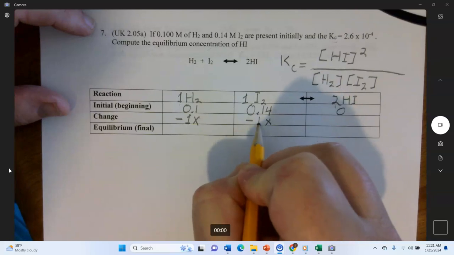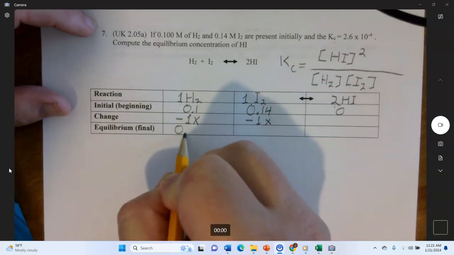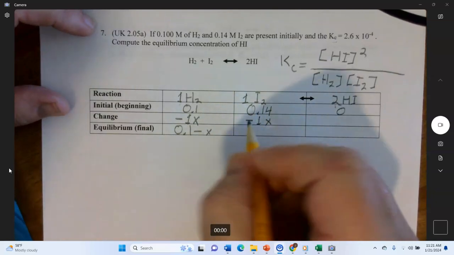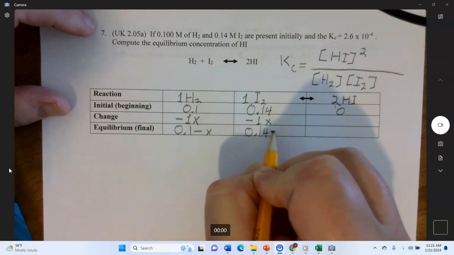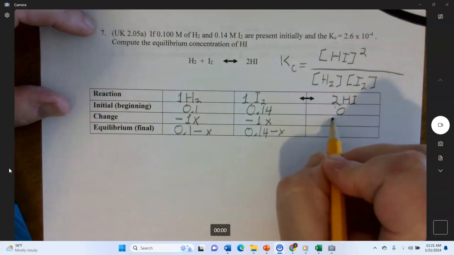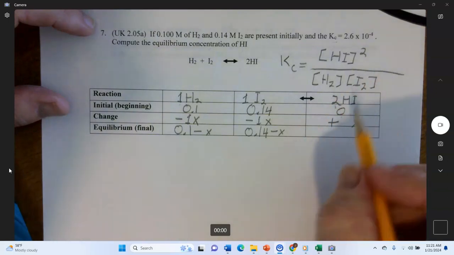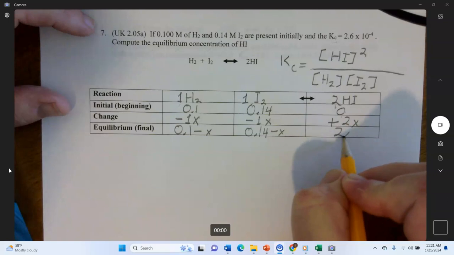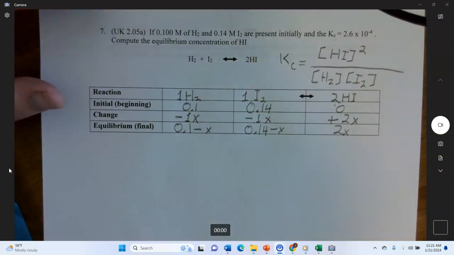Over here I'm going to get rid of the 1 now, just write the X. Same thing here. And then over here, it's a product that's going to be increasing. It's X, and since it has a coefficient of 2, it's going to be 2x. So when you add 0 plus 2x, you get 2x. So now we have our algebra equation here, okay?